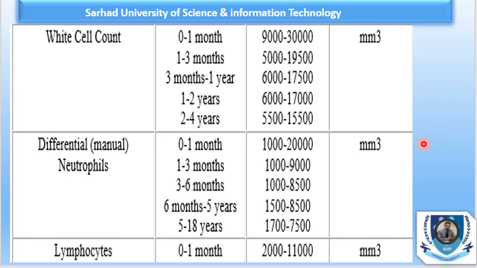Examples of microcytic anemia are iron deficiency anemia, thalassemia minor, sideroblastic anemia, and anemia of chronic disorder. For macrocytic anemia, we have vitamin B12 deficiency, pernicious anemia, folate deficiency anemia, alcoholism, or some liver disease. And some normocytic anemia, like in acute blood loss. So it's all enough for today, and inshallah see you in the next video.